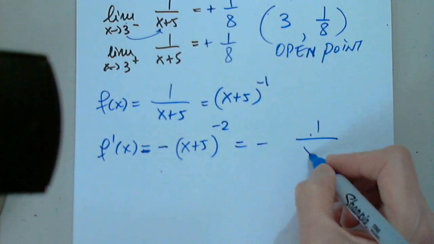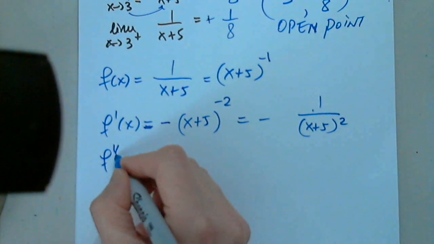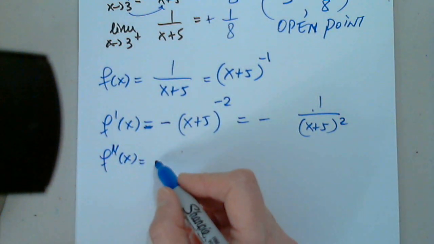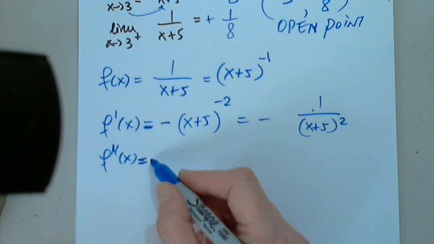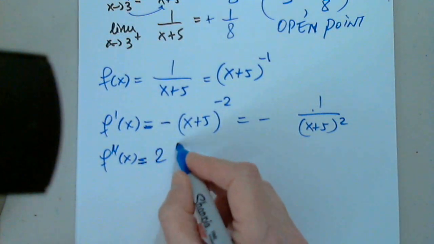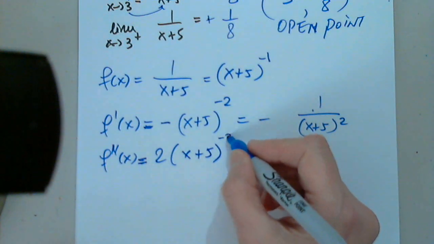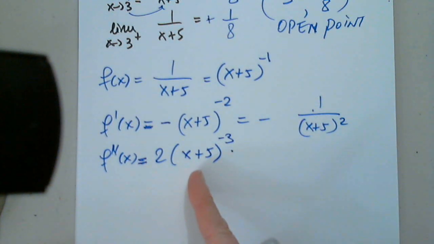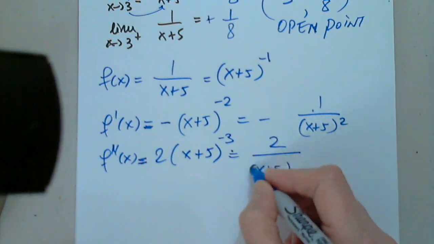So this will look like this. Now keep it from this point and just let's find the second derivative. 2 times x plus 5 to the -3, times the inner function prime, but there is no need because the inner function prime is? 1. Excellent. Awesome. So 2 over x plus 5 to the third.